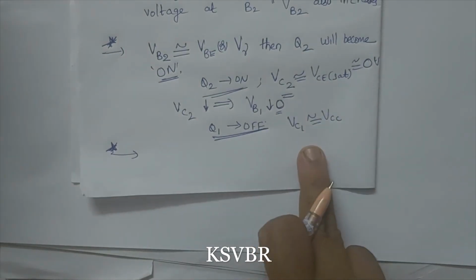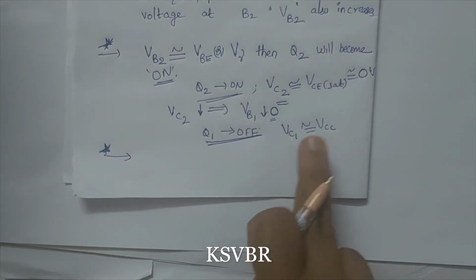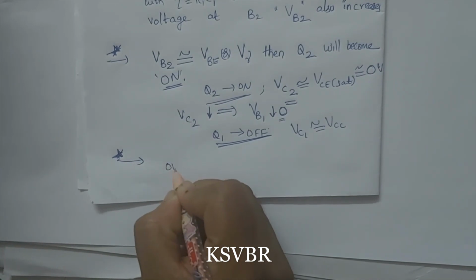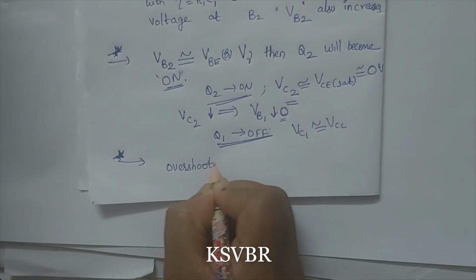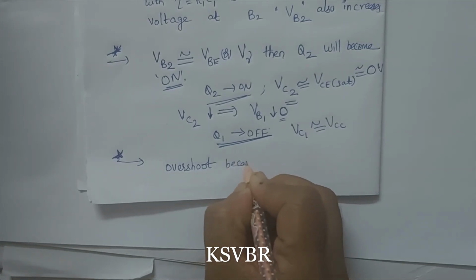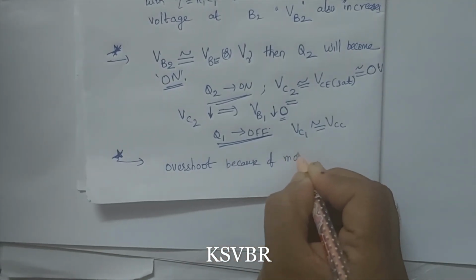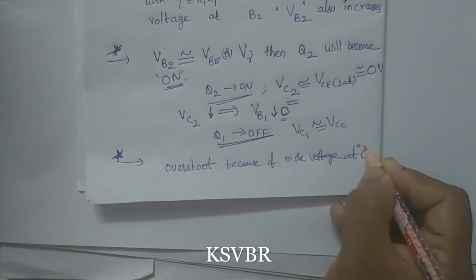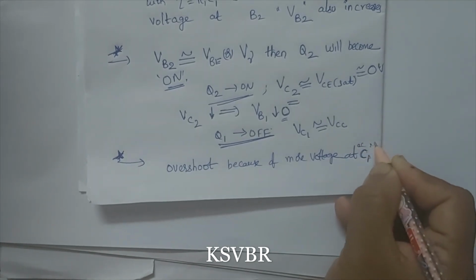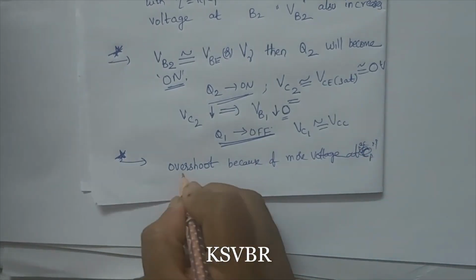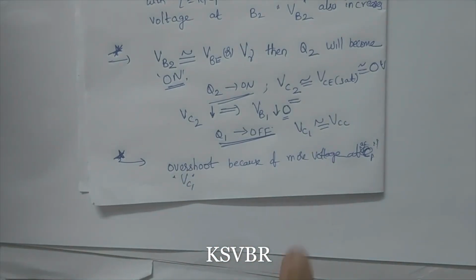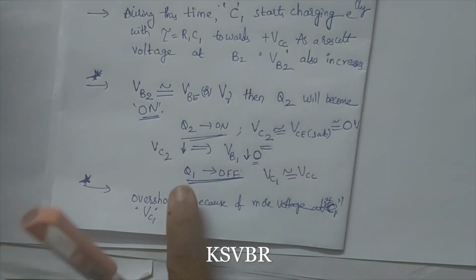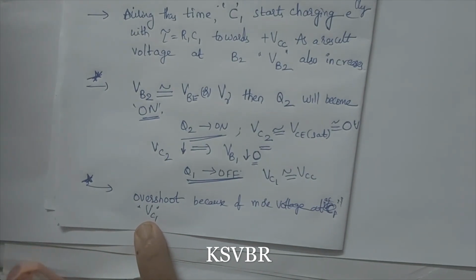Because of this increase in voltage, VC1 equal to VCC, it causes an overshoot. VC1 was 0 previously, but it is now equal to VCC, and an overshoot occurs in the output because of this VC1.